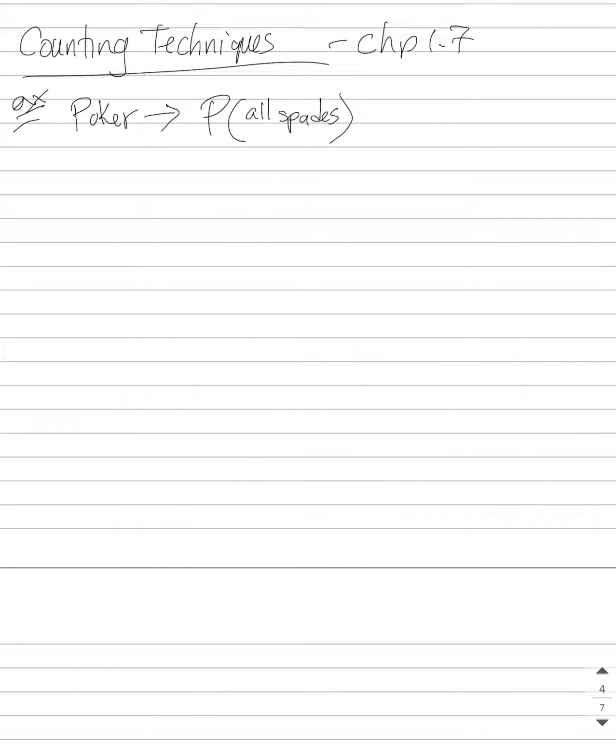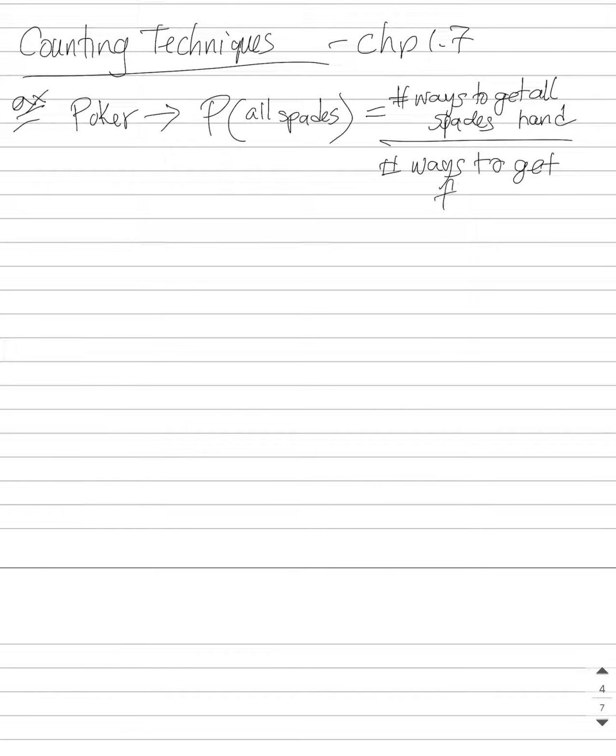You would need to know the number of ways to get all spades in a hand, and that would have to then be divided by the number of ways to get a 5-card hand. So instead we need ways to count without directly counting.